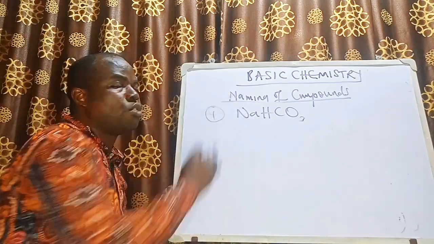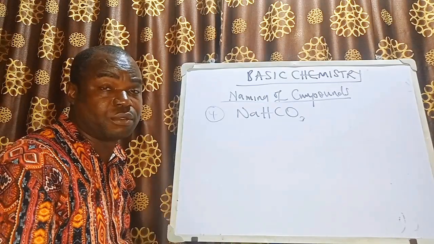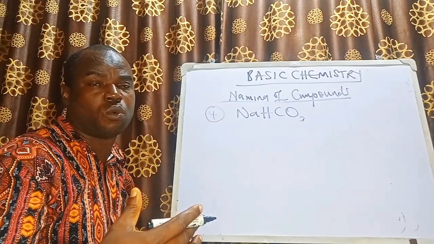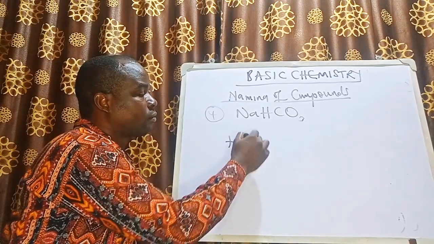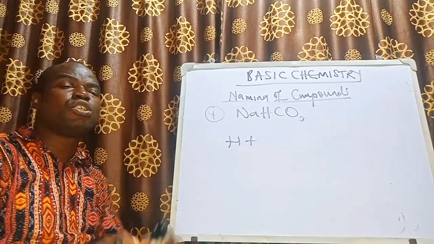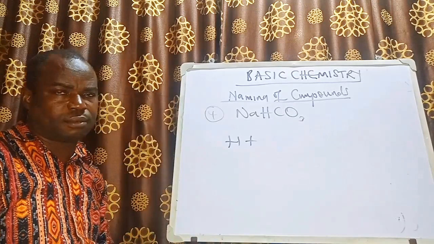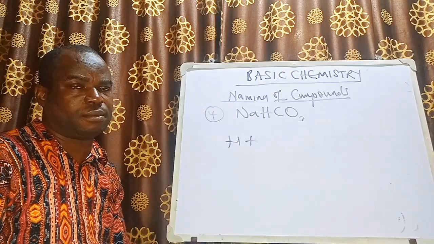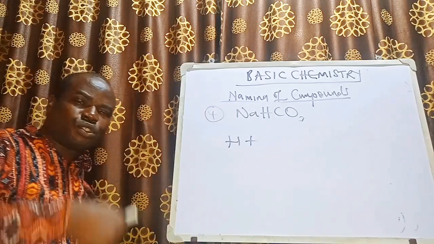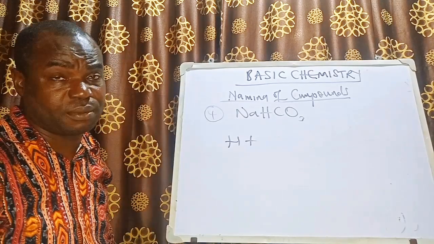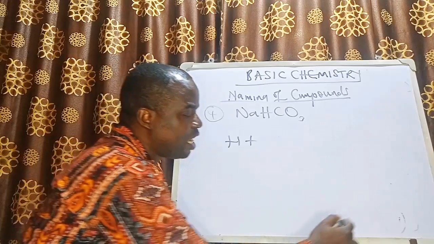So, what is sodium? I've explained that already. Sodium is number 11, which is 2, 8, 1, which is plus 1. Now we have plus 1. What is hydrogen? The oxidation number of hydrogen is always plus 1, because it's number 1 in the periodic table. But there's an exception. Listen carefully.